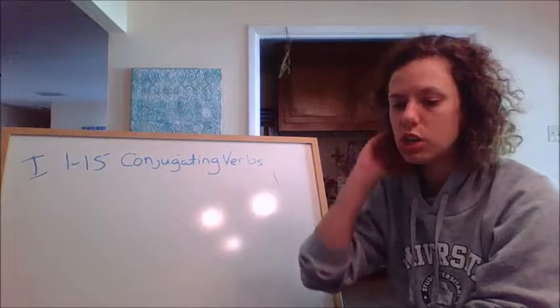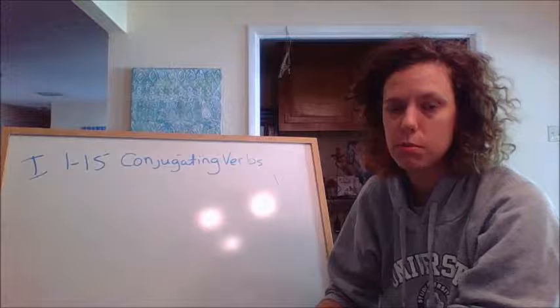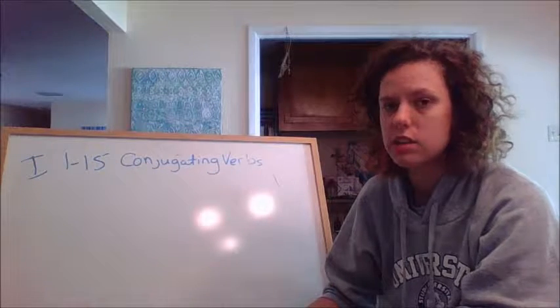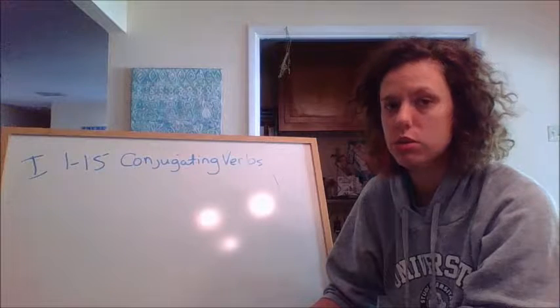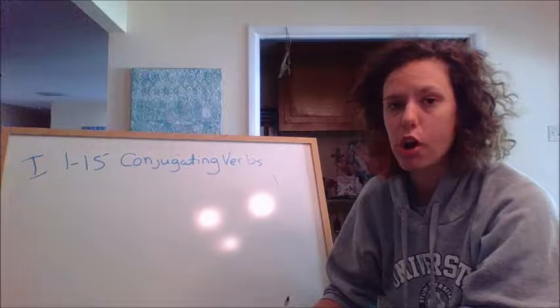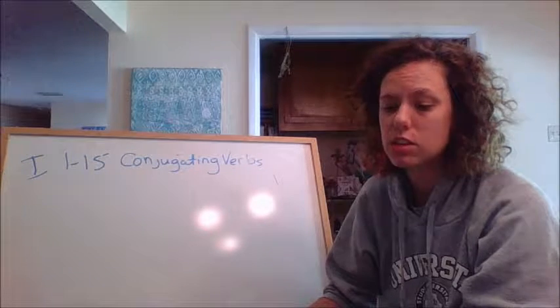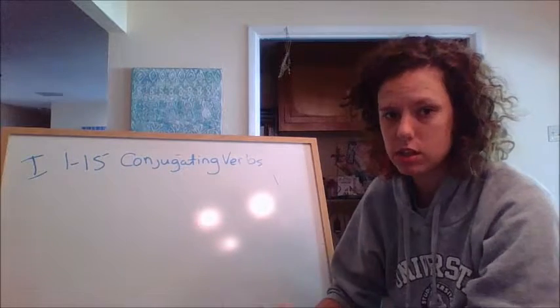So the directions are: conjugate the following regular verbs. That means there's nothing irregular in here, so like estar or ser or tener, no stem changing verbs. So they're all regular. Conjugate the following regular verbs based on the subject pronoun in parentheses.